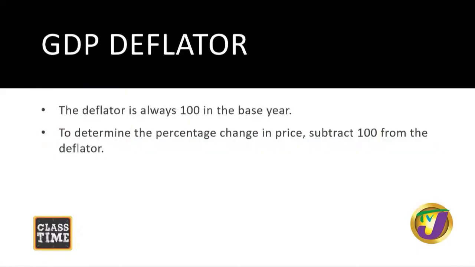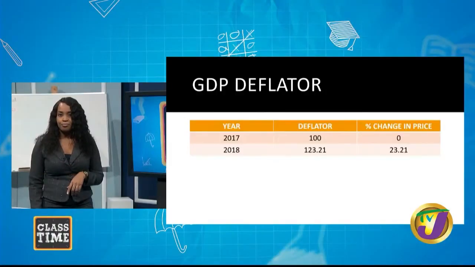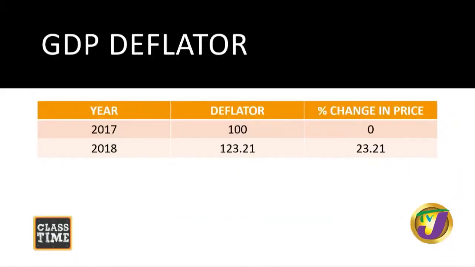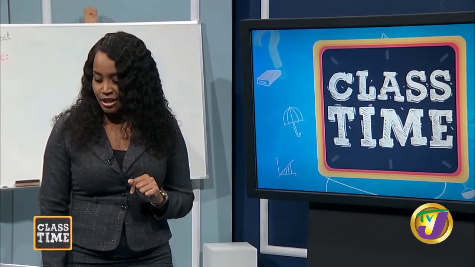For the other years, you'll notice different figures, and when you subtract the 100 from the deflator, you get the percentage change in price. Now, this is what I was referring to. So in 2018, the percentage price change would have been 23.1%.